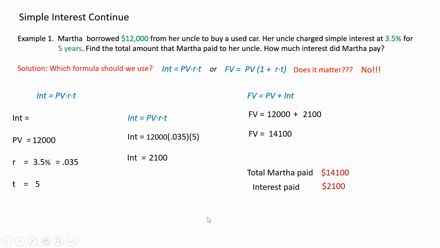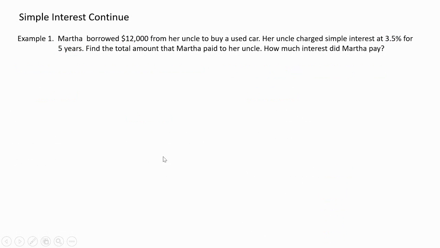Okay, now let's go to the next slide, and we're going to do the very same problem, but we're going to use the other formula, which is the future value equals present value times 1 plus interest times time. So in this case, find the total amount that Martha paid to her uncle. So we're looking for the future value. Again, my present value is 12,000.